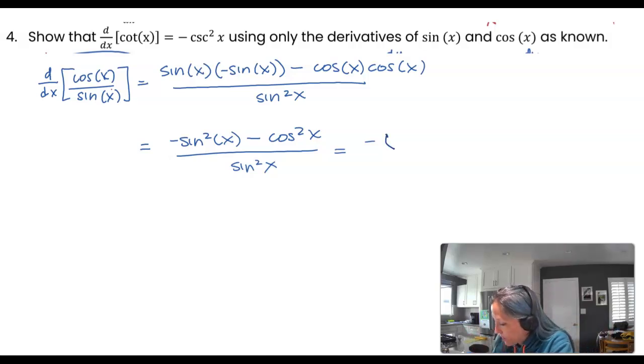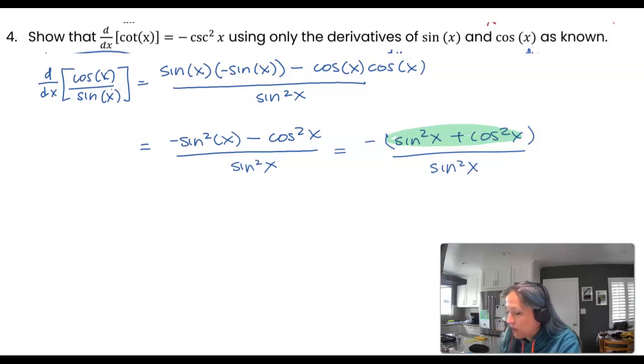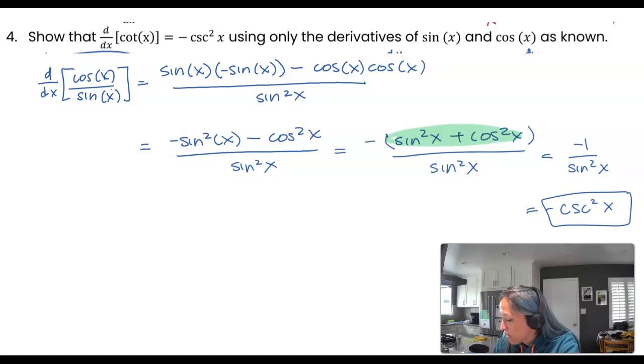I'm going to pull a negative 1 out, and I'm going to leave behind sine squared x plus cosine squared x all over sine squared x. I'm doing this because I think for most of us, this version of the Pythagorean identities is the most common. It's probably the one we know. This we can recognize as 1 and rewrite this as sine squared of x under that negative 1, right? So this is negative cosecant squared x.